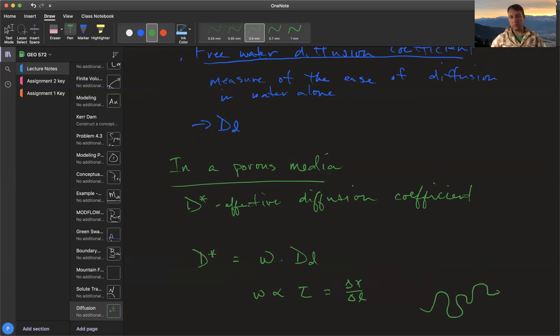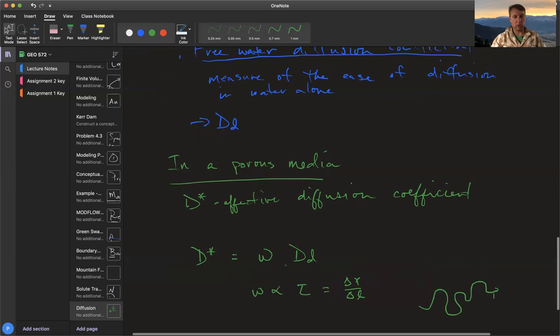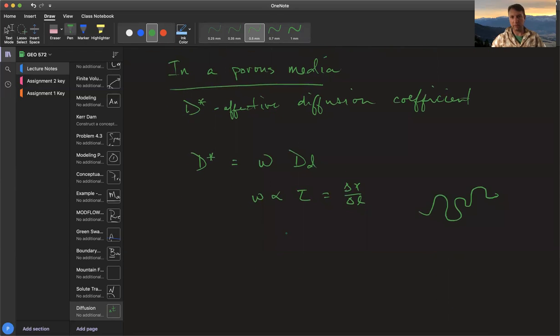If I define tortuosity this way, omega will be less than 1 because delta L will always be longer than delta X. And my effective diffusion coefficient will always be less than my free molecular diffusion coefficient.